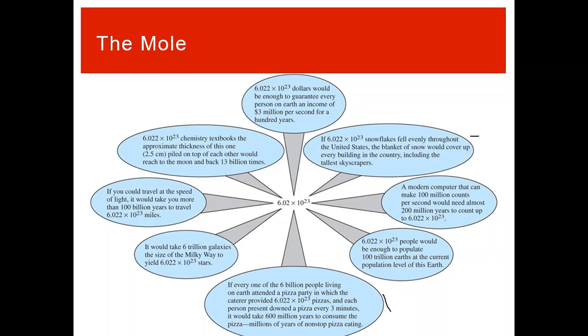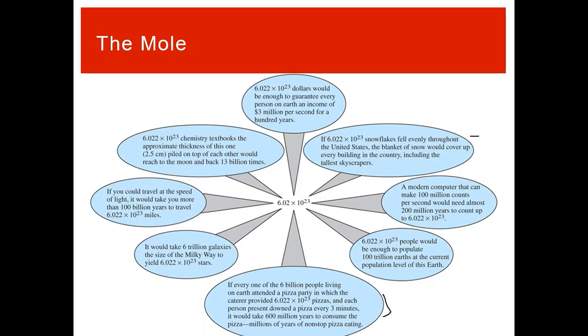If you had a mole's worth of pizza, and all 6 billion people were constantly eating pizza, an entire pizza every 3 minutes, it'd be 600 million years of consuming pizza. We do have more people on the Earth now, so 6 billion is a little low, but you're still talking about hundreds of millions of years of pizza eating. These are just stupidly large numbers.